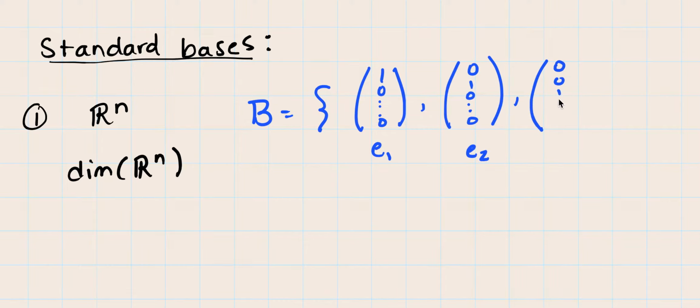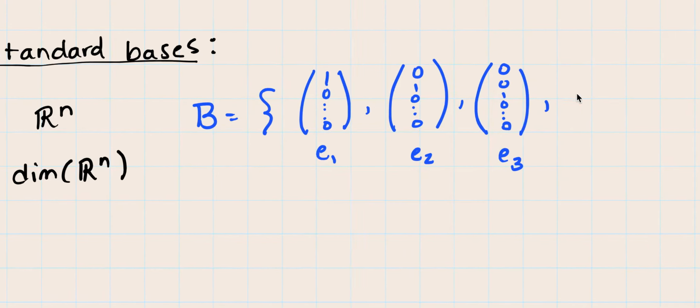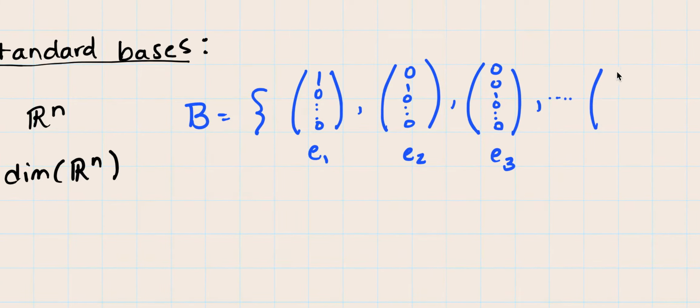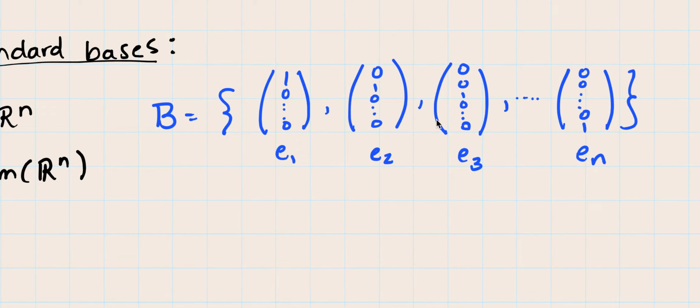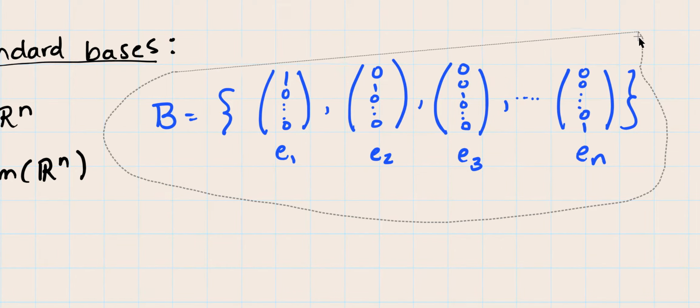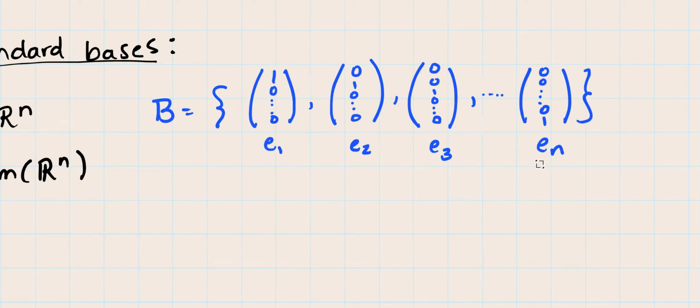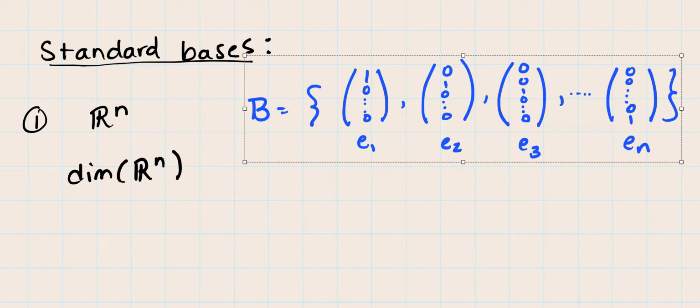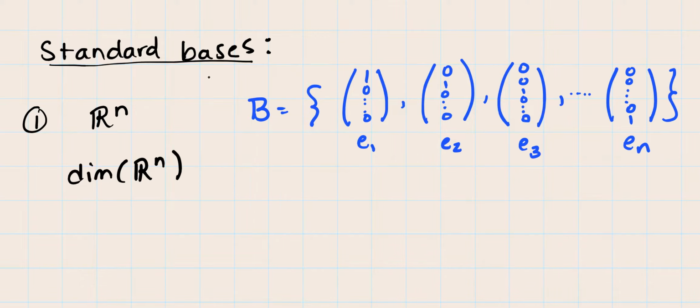Then (0, 0, 1, 0, and so on). This is E3. All the way to (0, 0, 0, 1), and this is going to be En. You can see that these are linearly independent, and they're also going to span your space. So this is the standard basis for Rn. And because there are n vectors in the basis, the dimension of Rn is n.